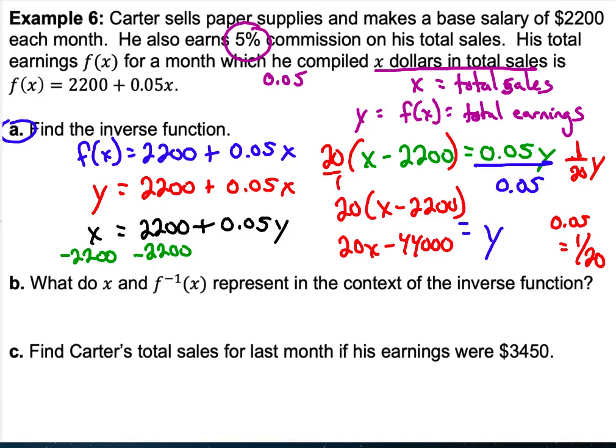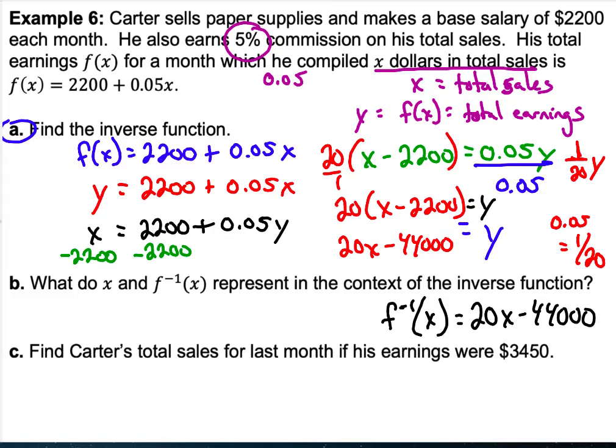I'm okay with either one of those because they're basically going to give me the same thing. And then I can rewrite it as f inverse of x is 20x minus 44,000.